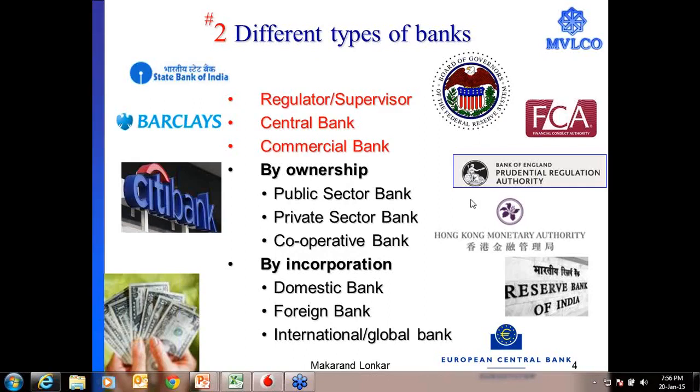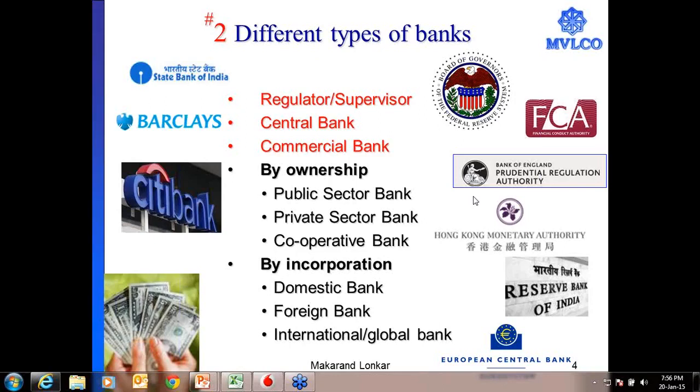Now Sangeeta has a question asking what is the difference between a foreign bank and an international bank. If you look at it from a regulation perspective, Sangeeta, there is no real difference between a foreign bank and an international bank. I have classified it for the session only as foreign bank and international bank. If you look at it from a legal angle, both of them are one. Now let me explain my version of what is foreign and what is international bank.